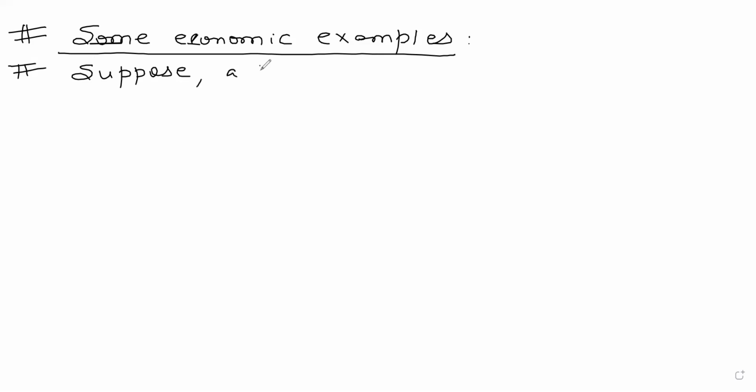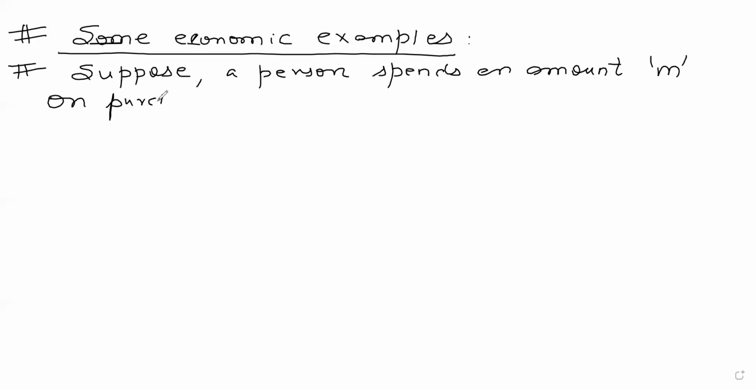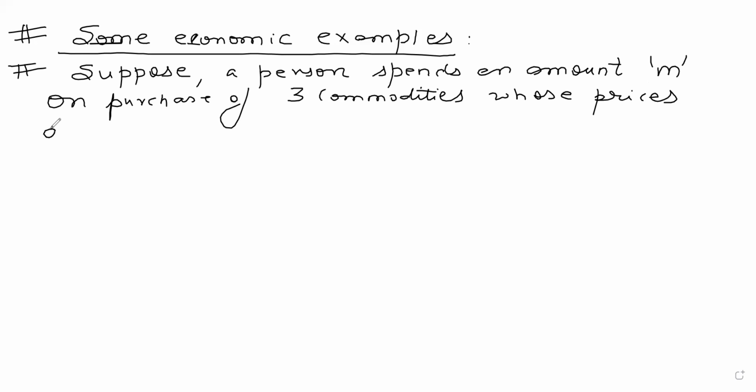So suppose a person spends an amount M on the purchase of 3 commodities whose prices are P, Q and R per unit respectively.